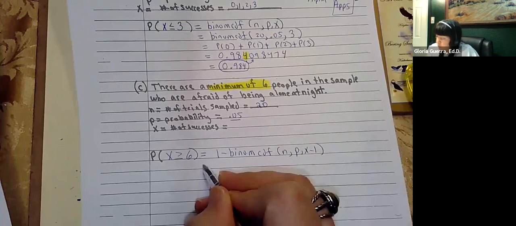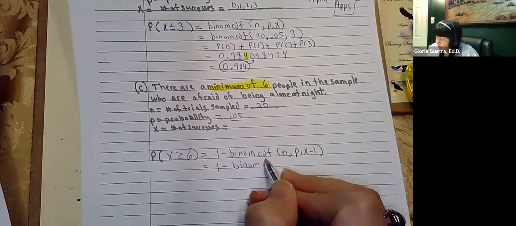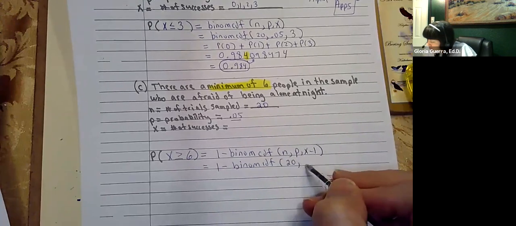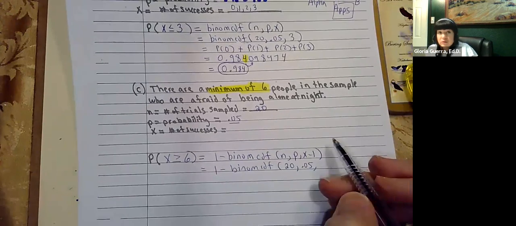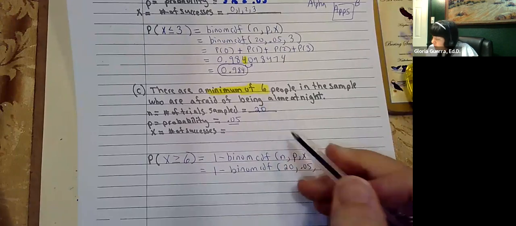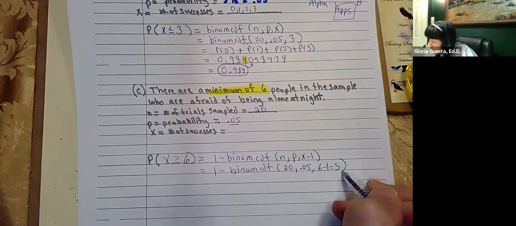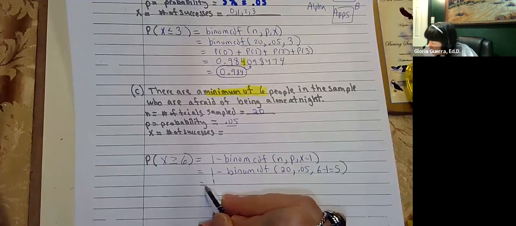And then you're going to do your substitutions. 1 minus binomial CDF. N is 20. P is 0.05. And then X, remember, six people, minimum of six, 6 minus 1, which is 5. Okay, and this is a complement, so this is going to be 1 take away.